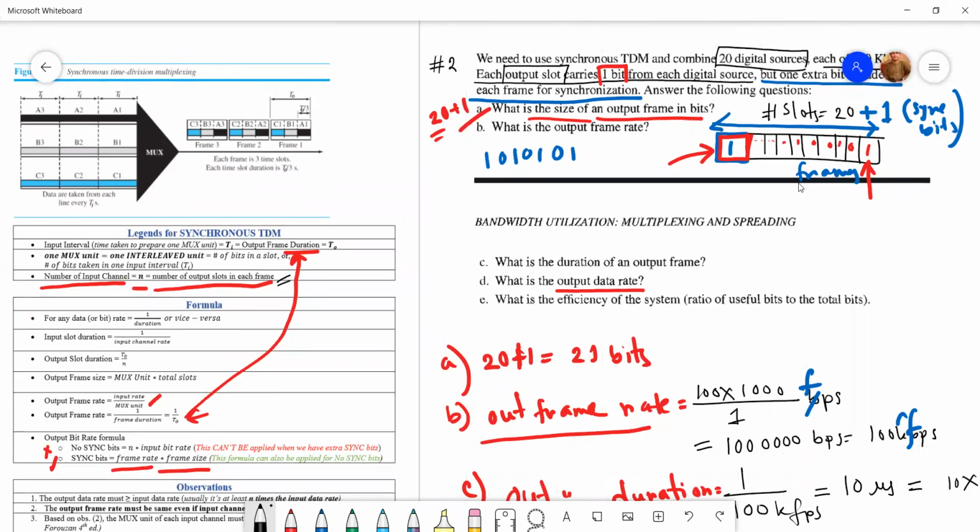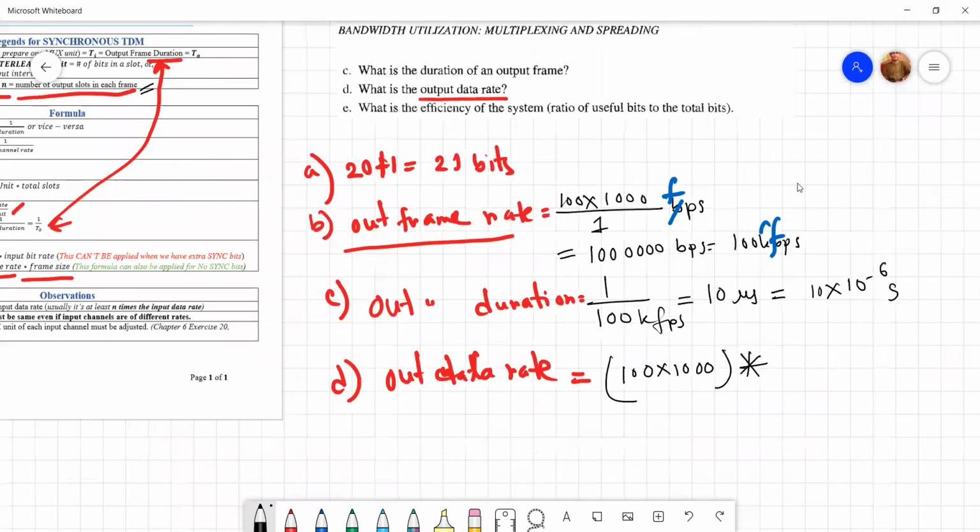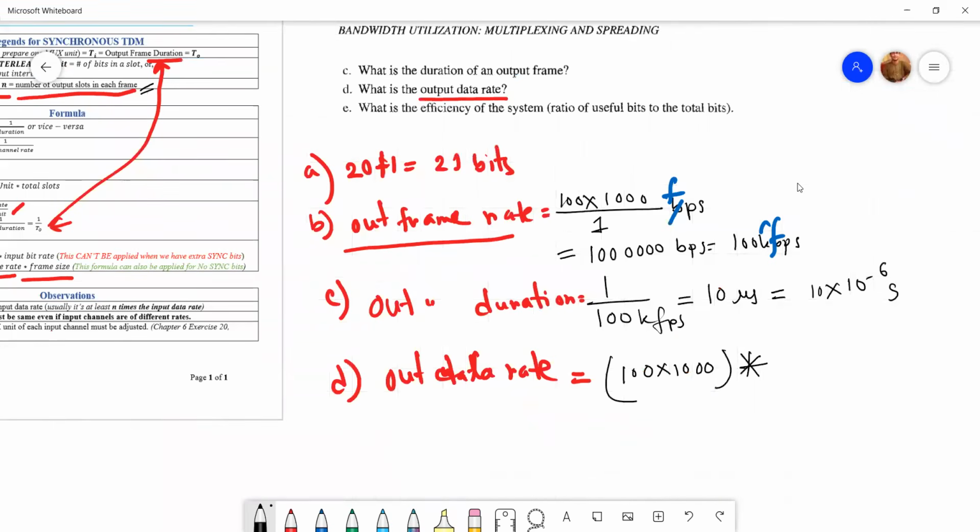If we send 100,000 frames in 1 second and our frame size is 21 bits, then what is my total output?